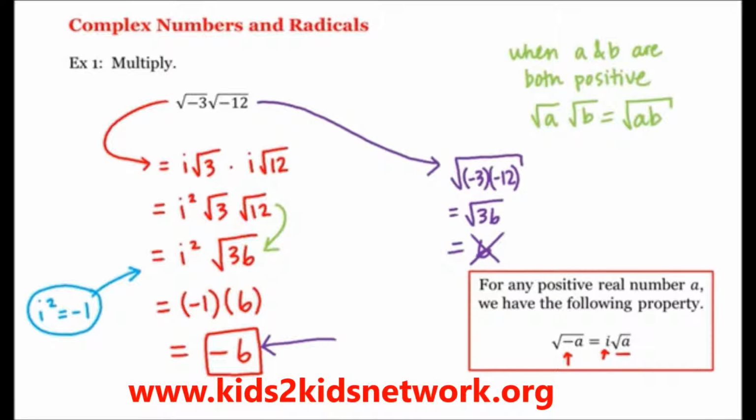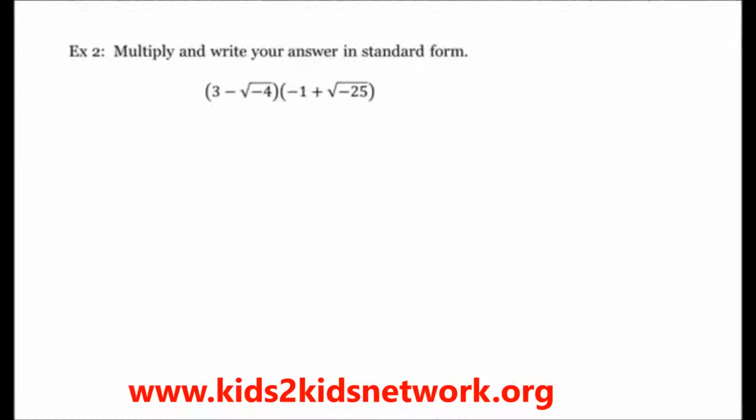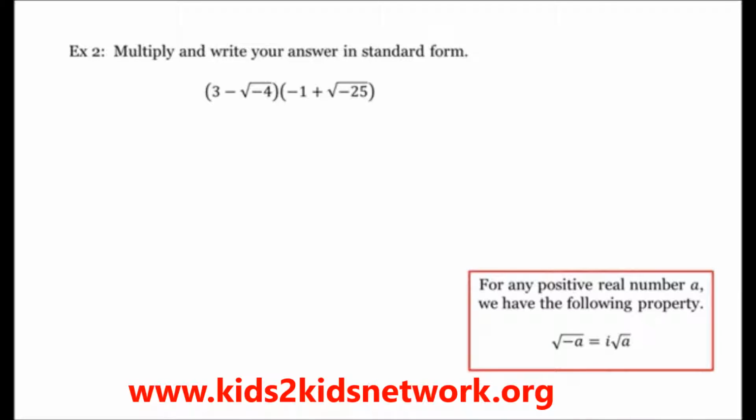All right, let's look at another example. Let's multiply and write our answer in standard form. Again, we'll be using this property here on each of these square roots. That is, the square root of negative 4 by this property here is i times the square root of 4, or 2i.